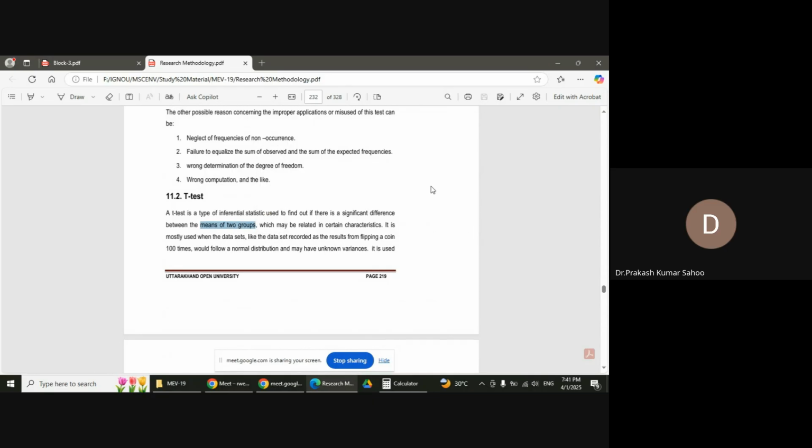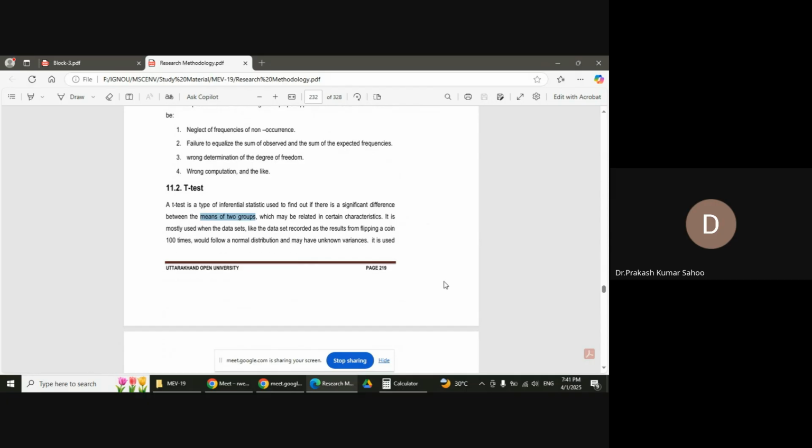There are two sets of data having two means. So this test is applicable where we have means of two groups. It is mostly used when the data set, like the result from flipping a coin 100 times, would follow a normal distribution and may have unknown variances.